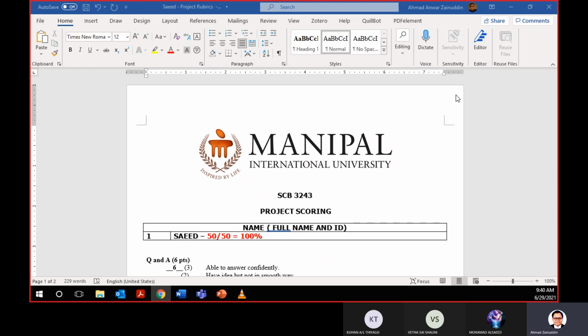And if you don't know the main thing about this project, I mean, what do you want to learn from this project? Number one, I want to expose all of you to how to write a scientific report. A scientific report is a significant component for you as an undergraduate student.